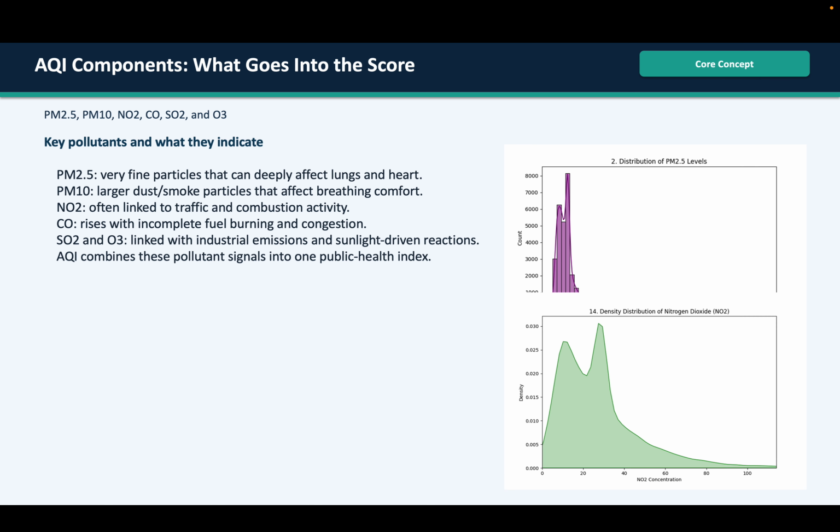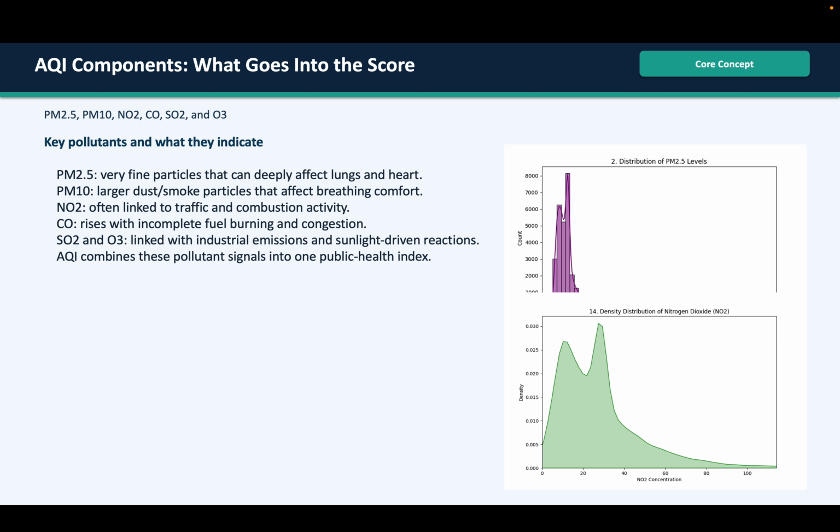So where do these color-coded scores and ranges come from? They come from key pollutants, a few of which are listed here: PM2.5 and PM10. The 2.5 refers to the size of the particulate matter. PM2.5 is very fine particles that can affect your lungs and heart.